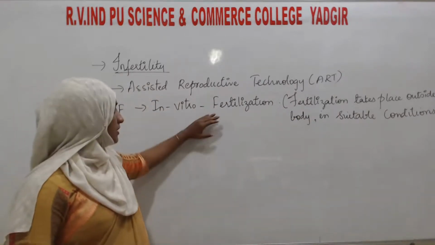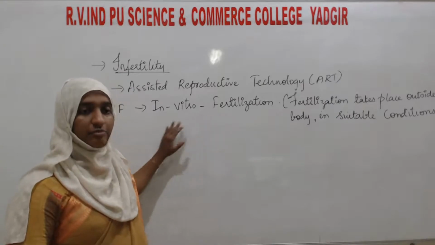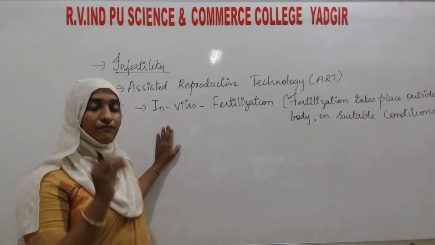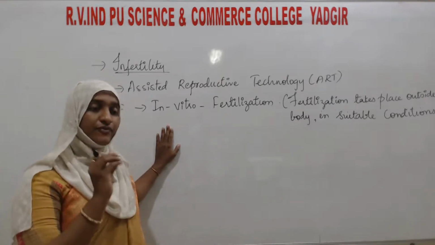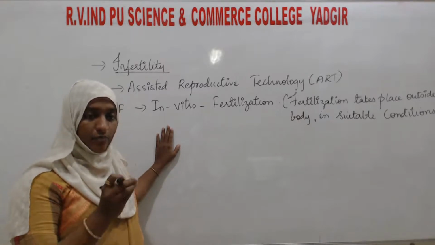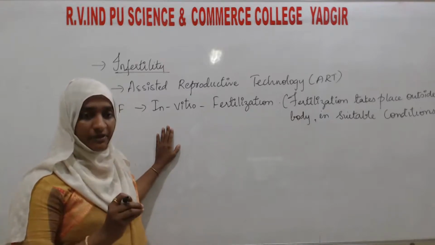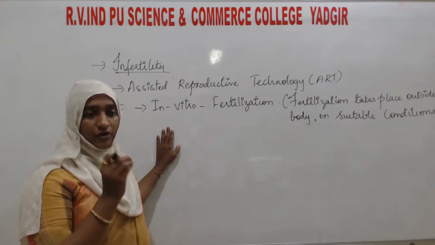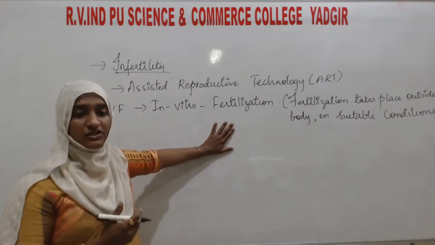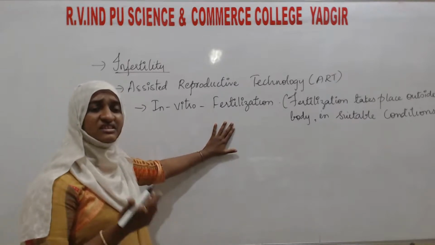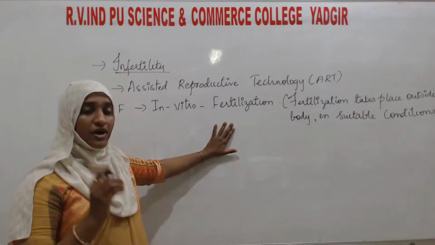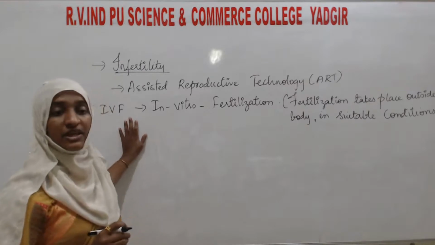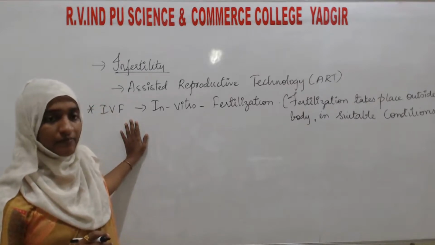Okay, so this IVF, if a female partner or a woman is unable to conceive a pregnancy due to some diseases or due to some changes in the reproductive tract, they will prefer IVF.